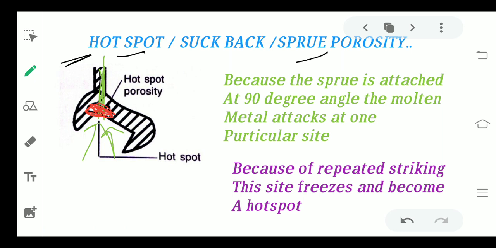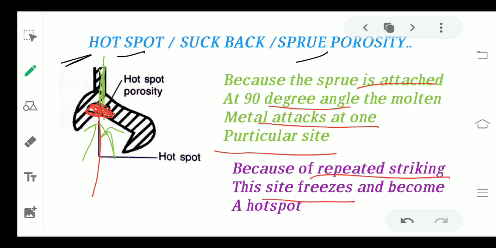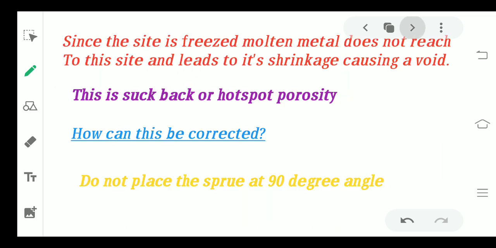The metal will not fill up this side, and a void will be created at this site. So because the sprue is attached at a 90-degree angle, the molten metal attacks one particular side, that is this side. And because of repeated striking, this area freezes and it becomes a hot spot.